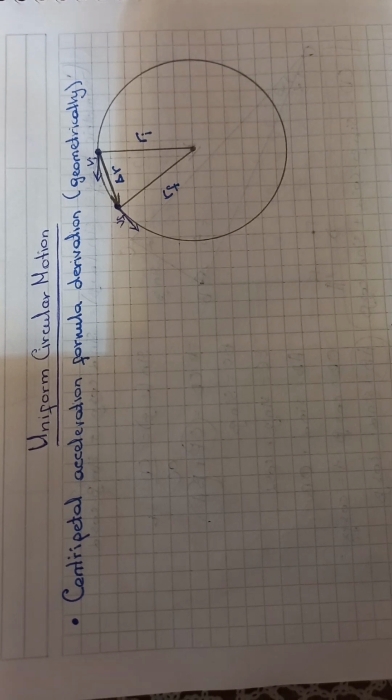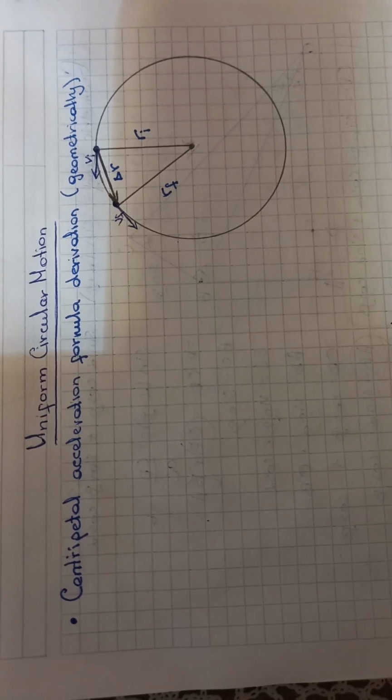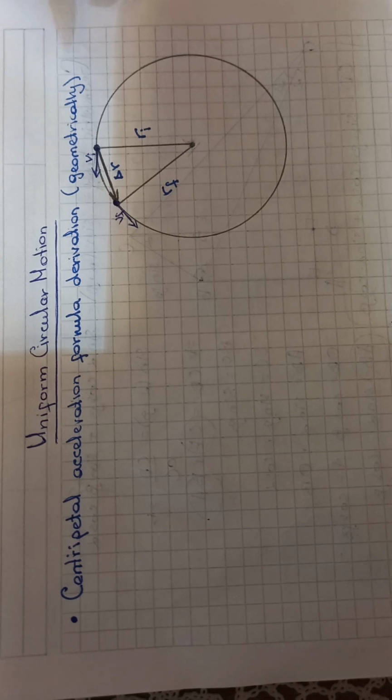So that's why we know that there is acceleration, but we have no idea what the formula is, what the magnitude of this acceleration is, or where it is pointed.